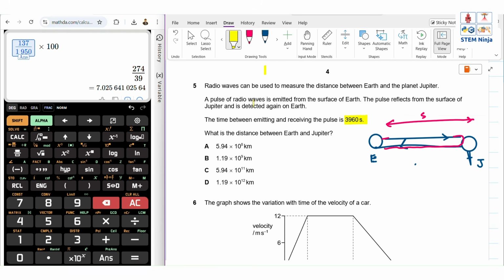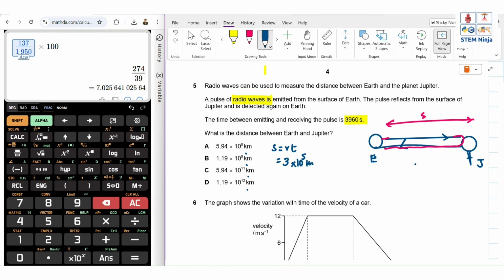And what speed can we use? Since this is radio waves, it is going to be the speed of light. So distance is equal to v t, with speed 3 times 10 raised to power 8 meters per second. But in the options, kilometers are used. So instead of 10 raised to power 8, we will use 10 raised to power 5, a simple division by 10 raised to power 3.